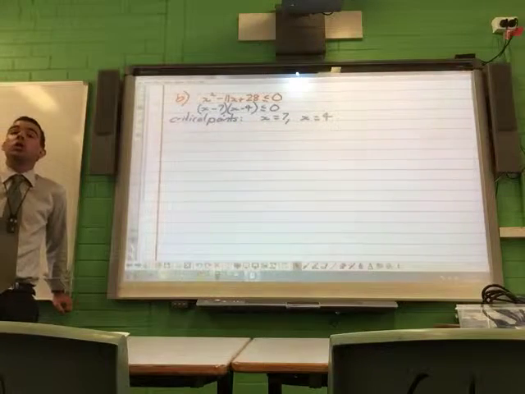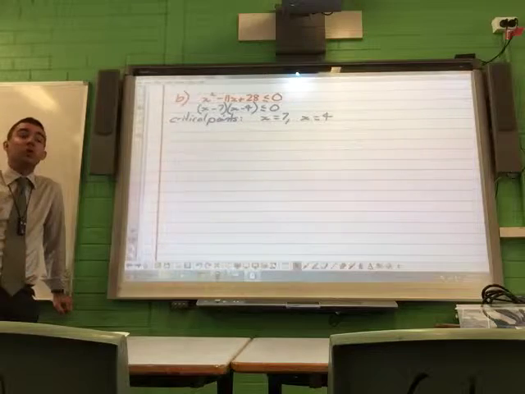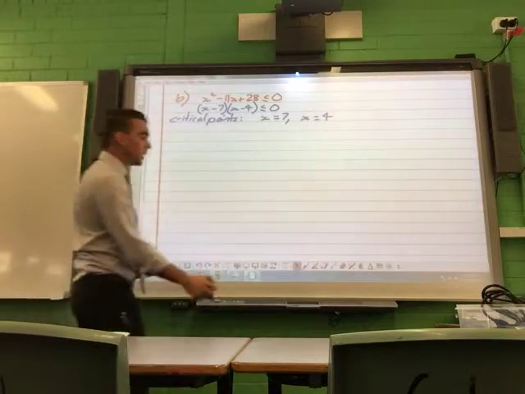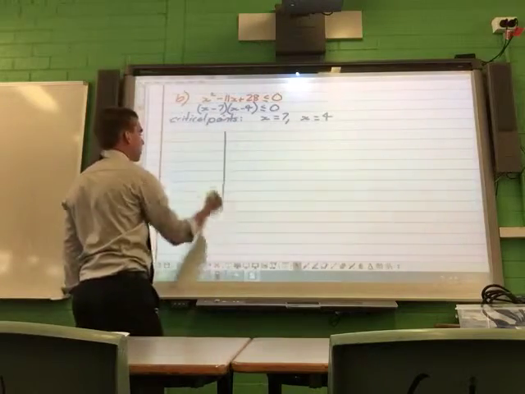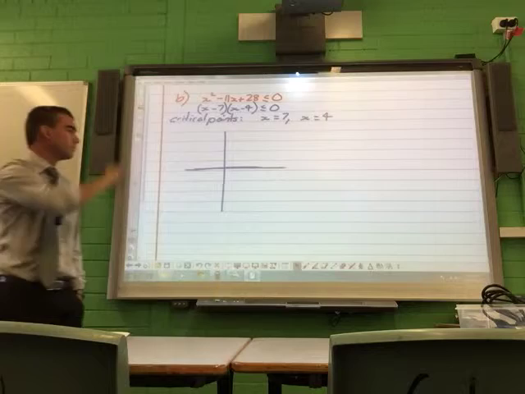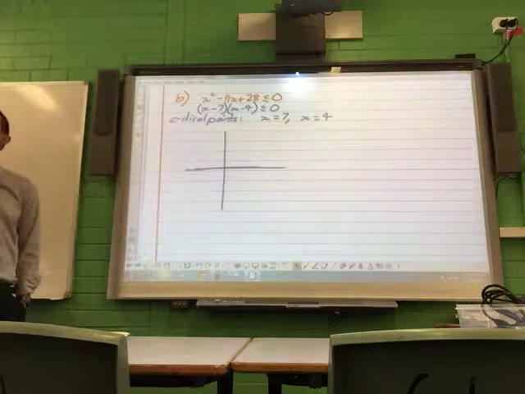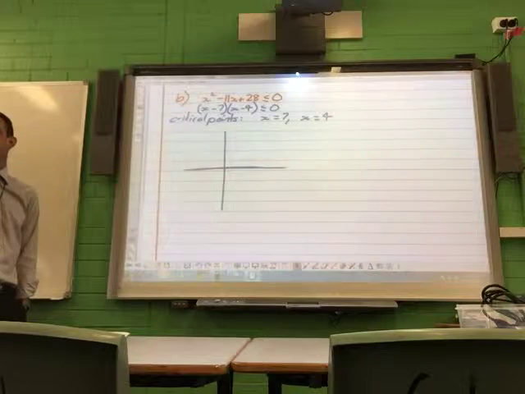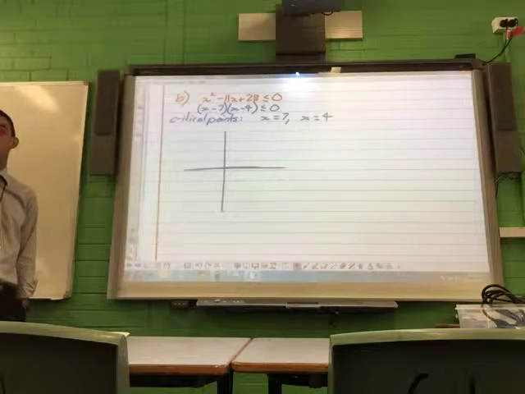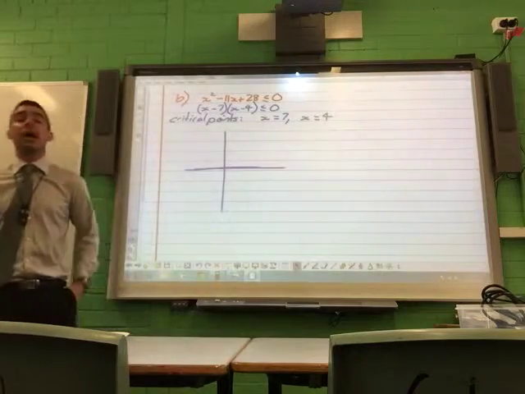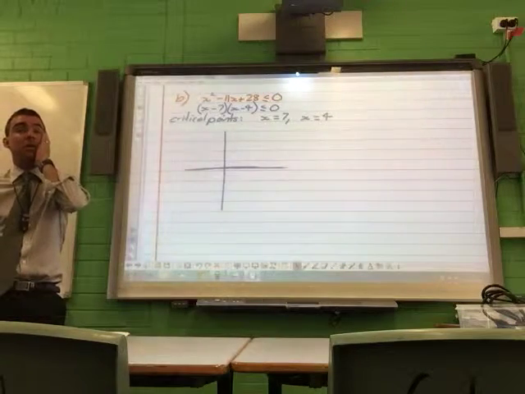Personally I like the graphs because you are going to be learning this, you are going to be doing graphs, so you may as well do it now. So let's do a rough number plane. The alternate way you can graph is to do the following.